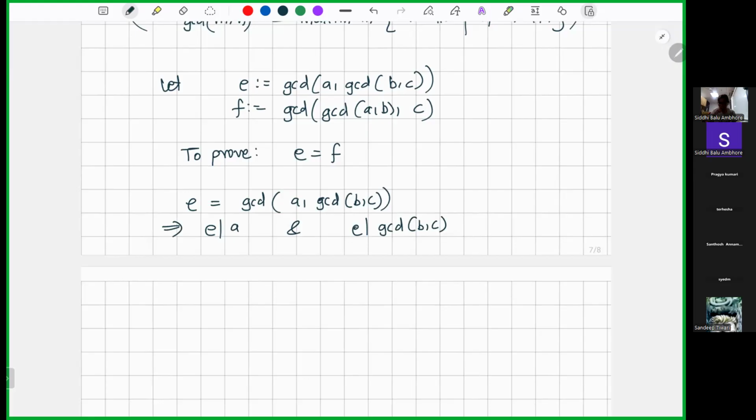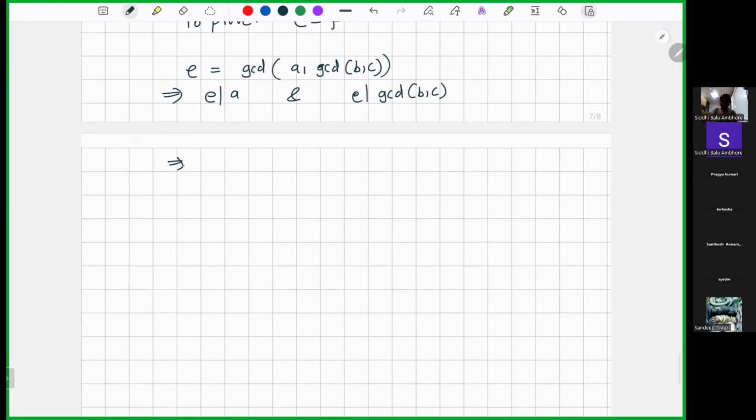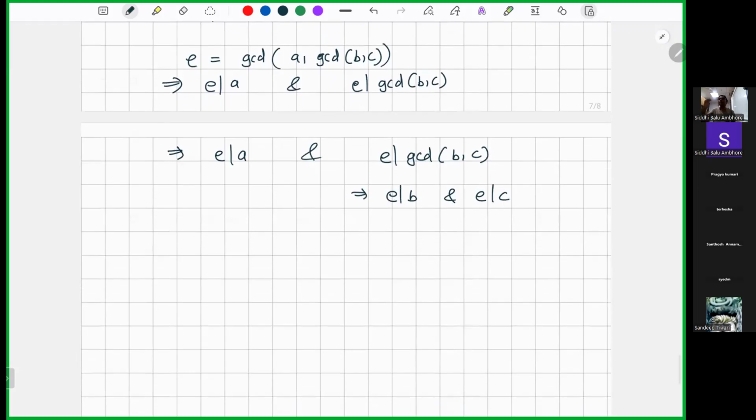That's what we have. And the moment I have E dividing GCD of B and C, this will imply that E will divide B and E will divide C, right? Because if I call this number P, if P is GCD of B comma C, then what does this mean?